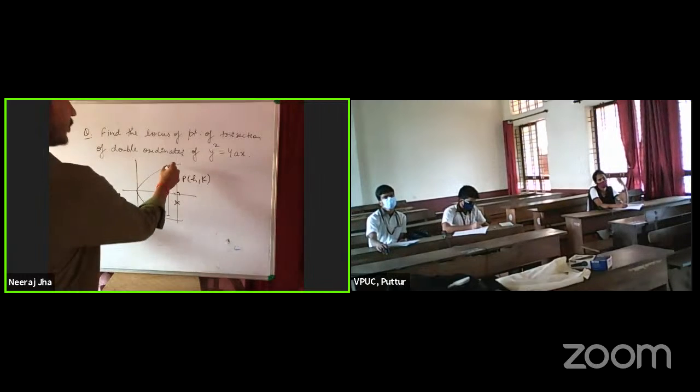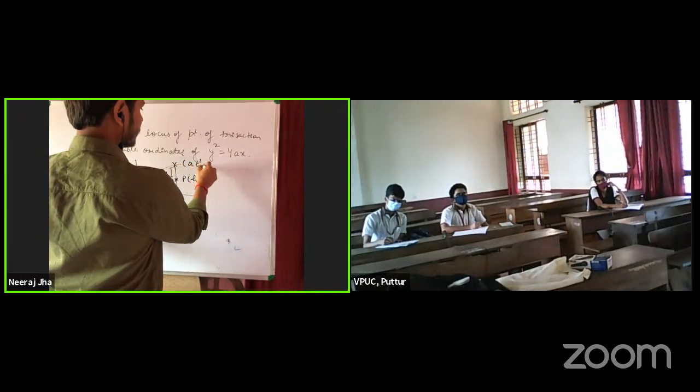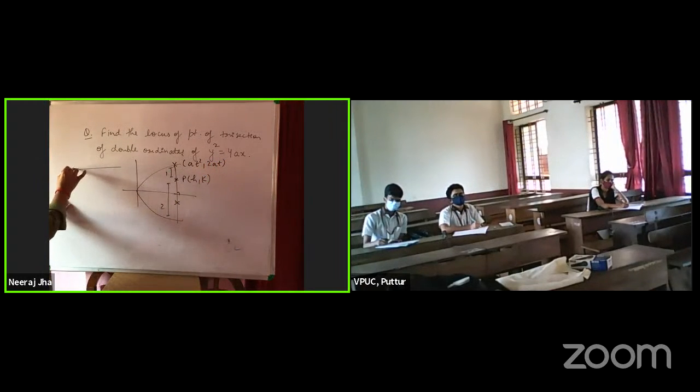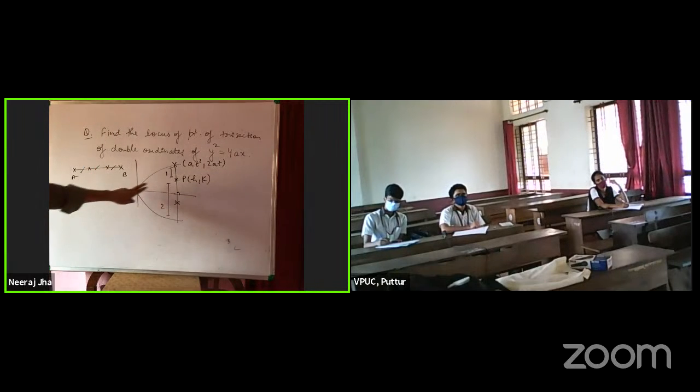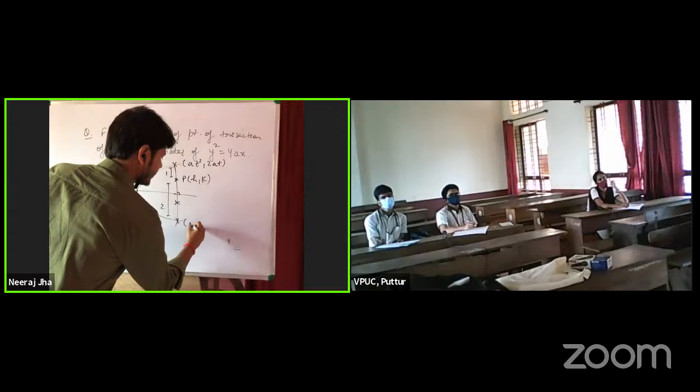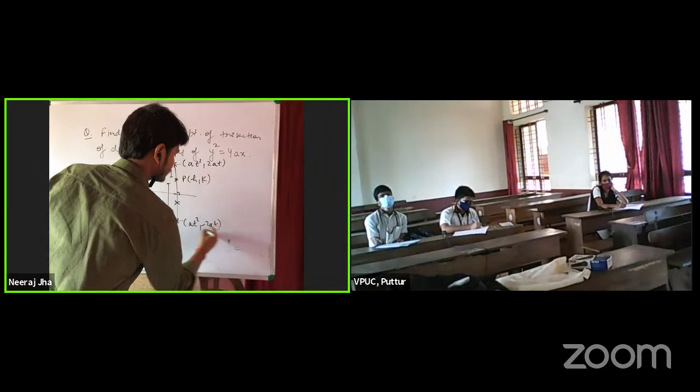If this point is (at square, 2at), trisection means if this is the line segment AB, there will be 2 points which are equally dividing it. So this is (h, k), with (at square, 2at), this is 1, this is 2. The other end should be (at square, minus 2at).